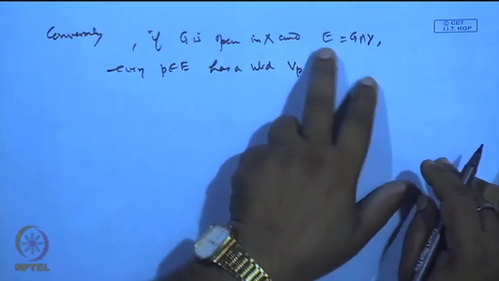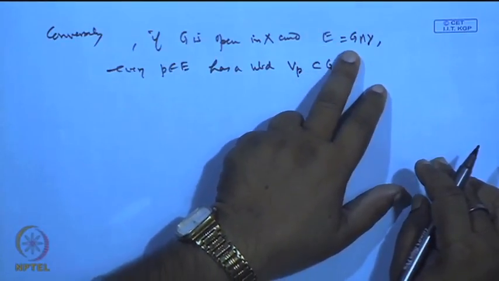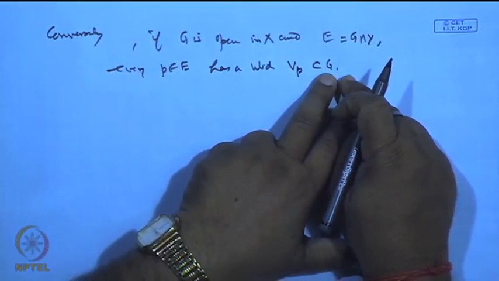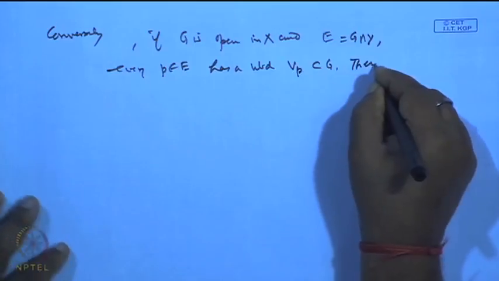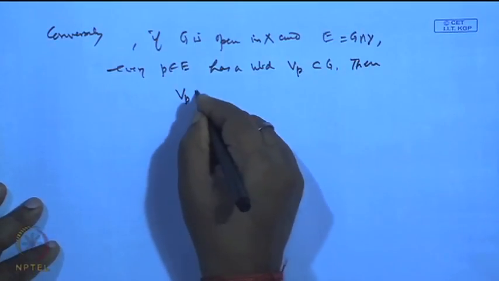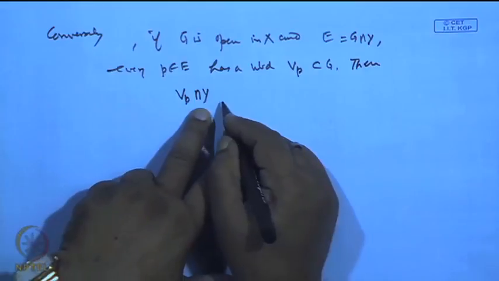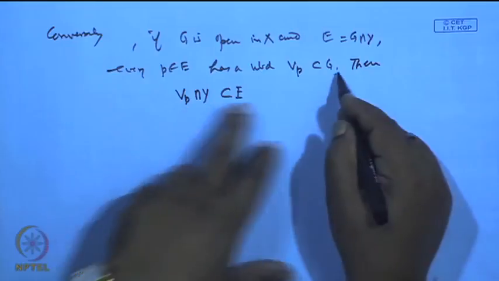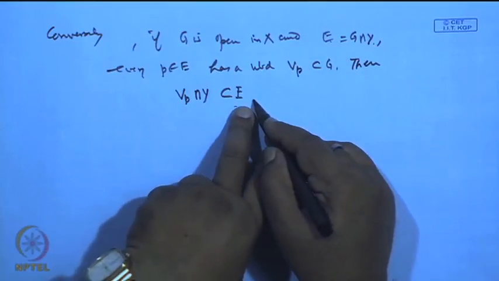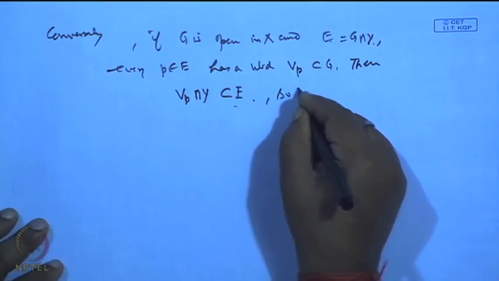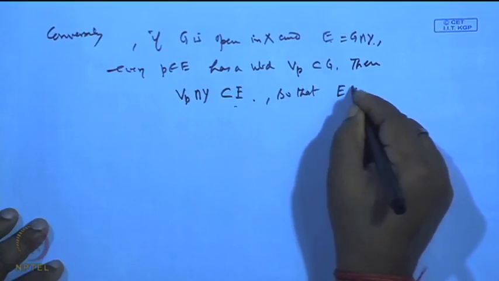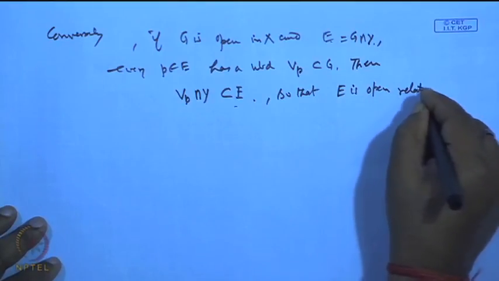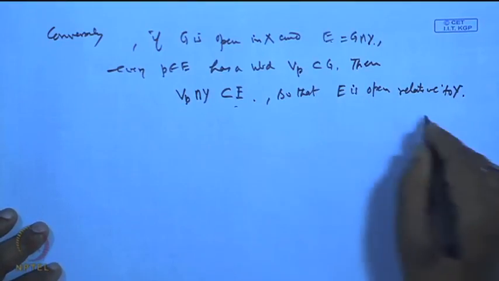Then the neighborhood B_p intersection Y will be contained in E, because p is in there and E is of this form, so the intersection is available in E. So, E is open relative to Y, and that proves the result.